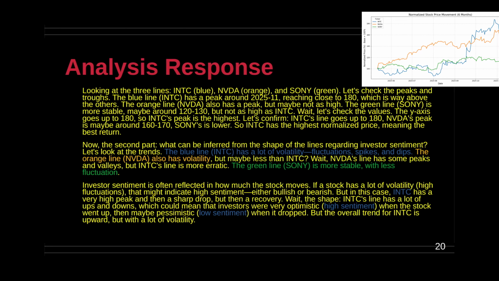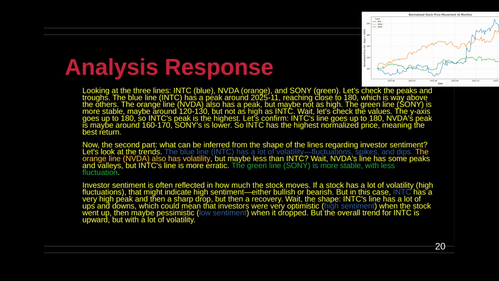Wait, let's check the values. The y-axis goes up to 180, so Intel's peak is the highest. Let's confirm. Intel's line goes up to 180. NVIDIA's peak is maybe around 160 to 170. Sony is lower. So Intel had the highest normalized price, meaning the best return.